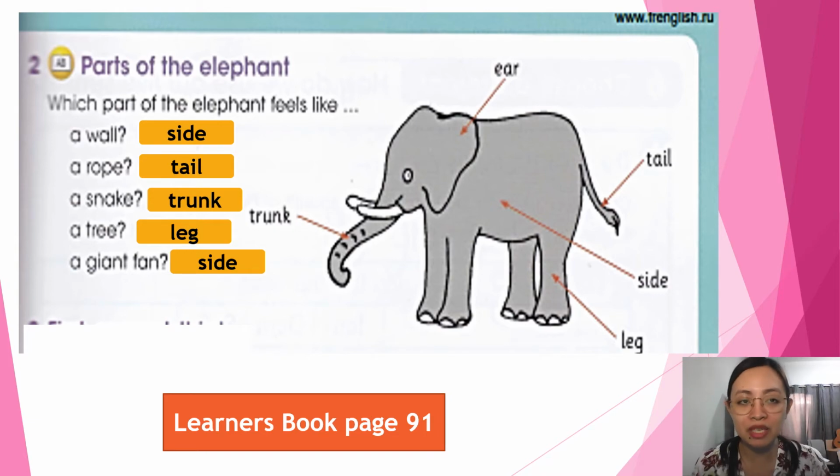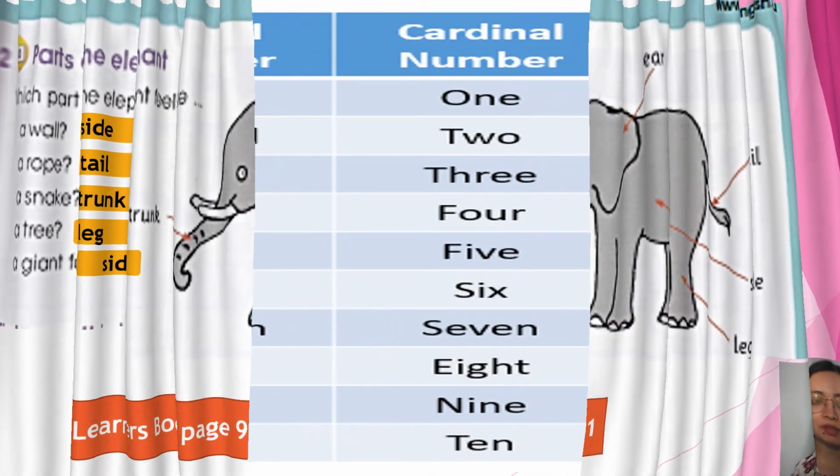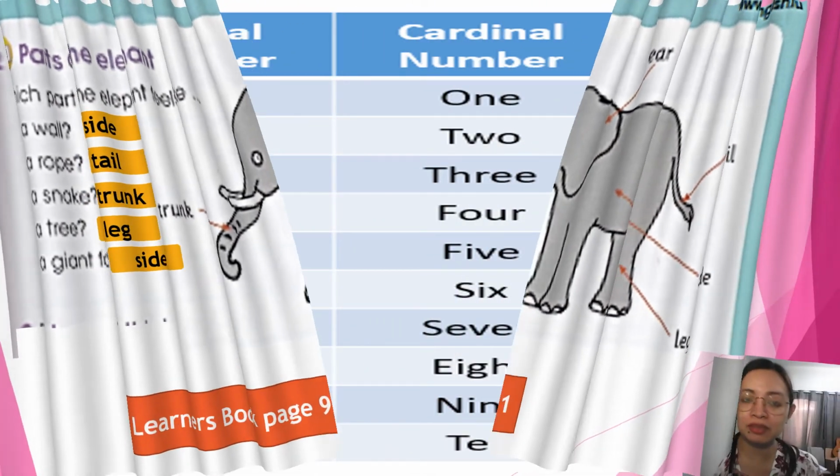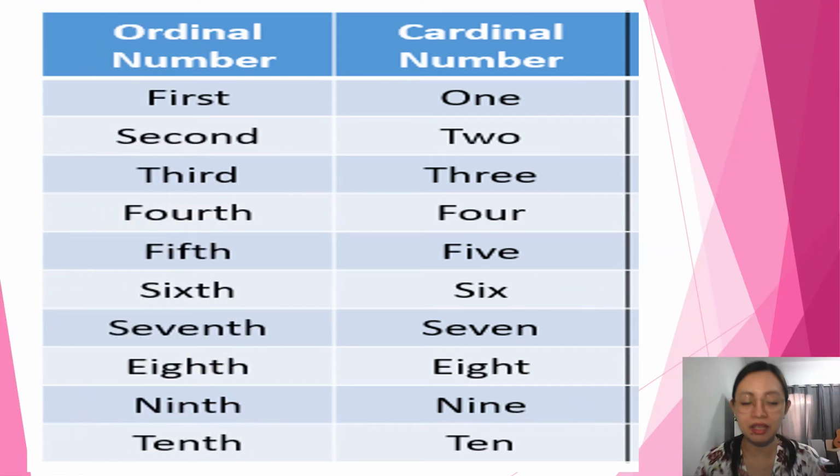Okay, before we proceed with the next part of your learner's book, let us first discuss the ordinal numbers. So ordinal numbers are showing sequence or arrangement of events. So we know already the cardinal numbers, okay?